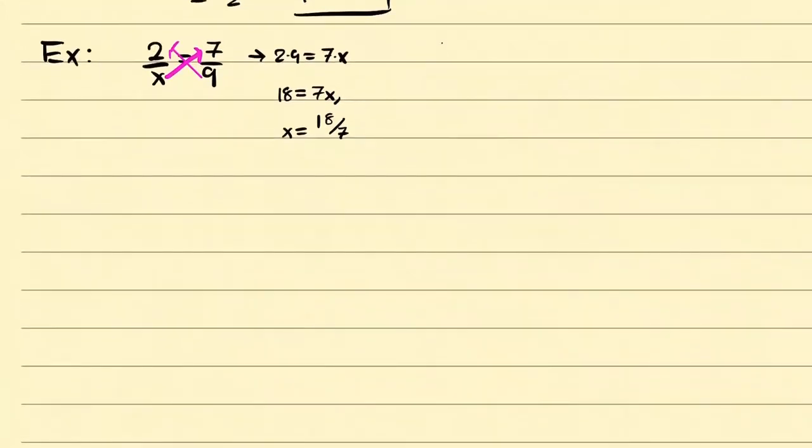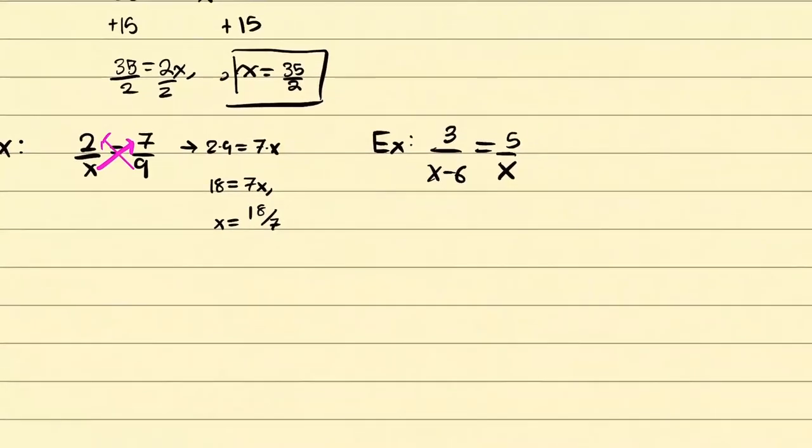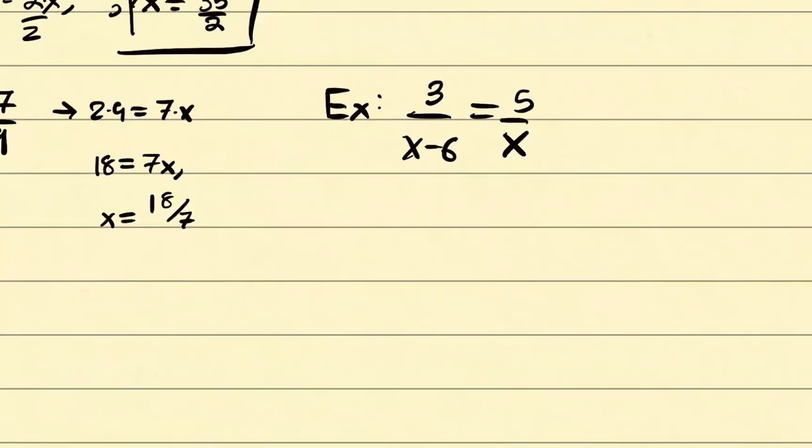So here is where it gets trickier. Now I have this sum and difference, or in this case, a difference of a binomial expression inside the denominator here. I no longer have just x or 2x or 6x, I have x minus 6.